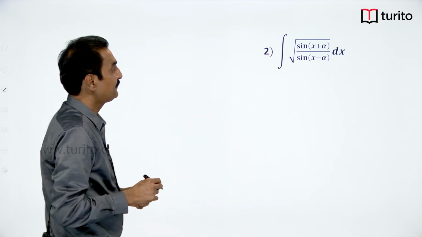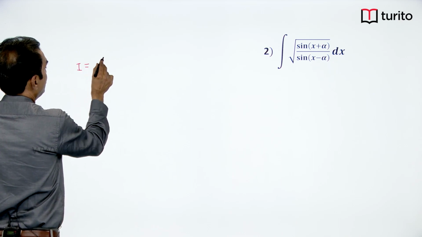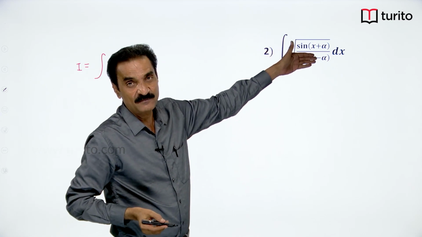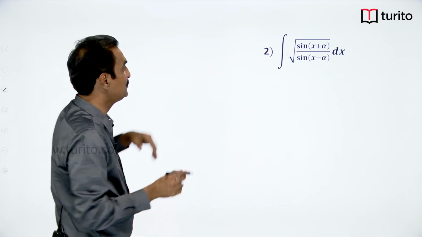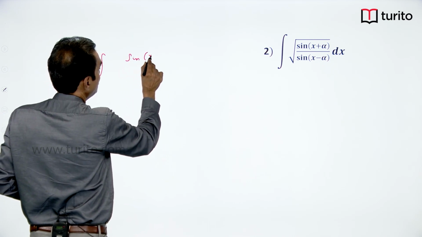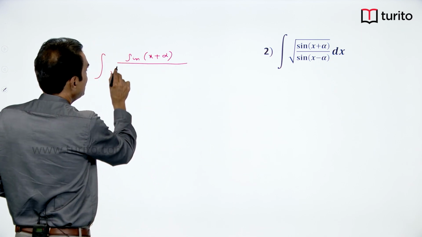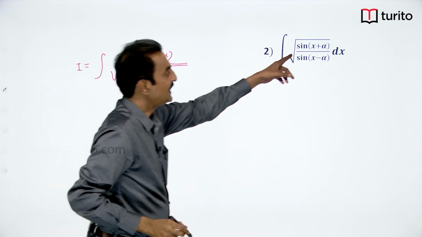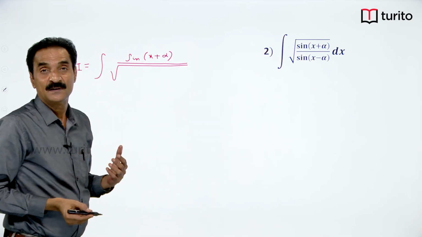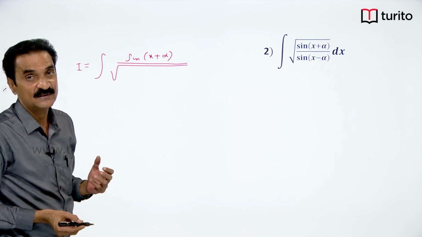Rationalizing the numerator, we get I is equal to, rationalize numerator we have to multiply and divide by root sin x plus alpha, then numerator becomes sin x plus alpha, denominator will be square root of sin x plus alpha into sin x minus alpha. What is it? Sin x plus alpha into sin x minus alpha, sin square x minus sin square alpha.